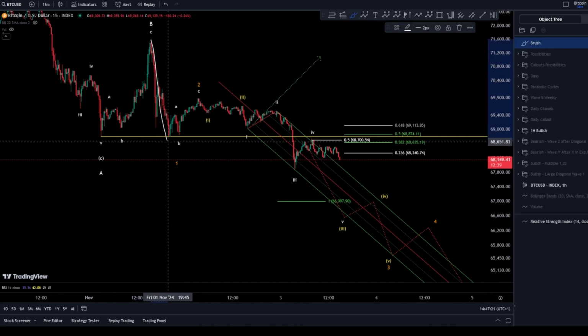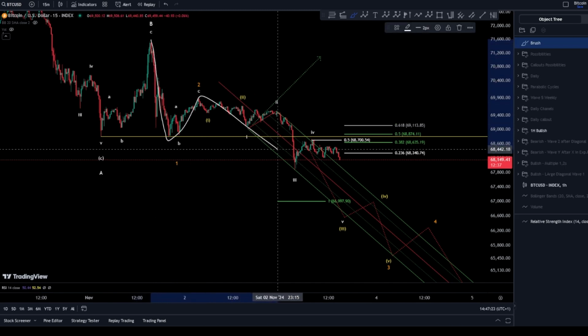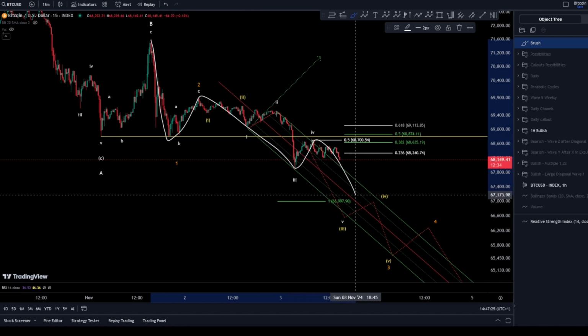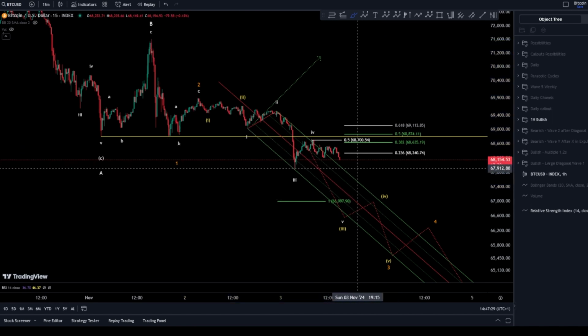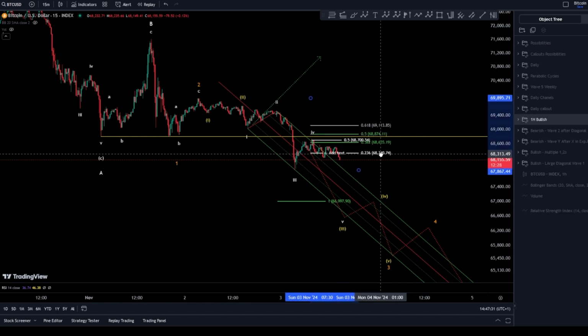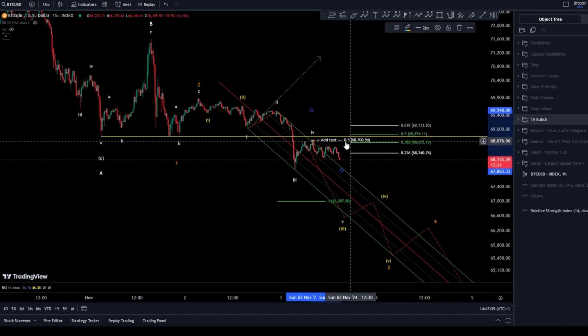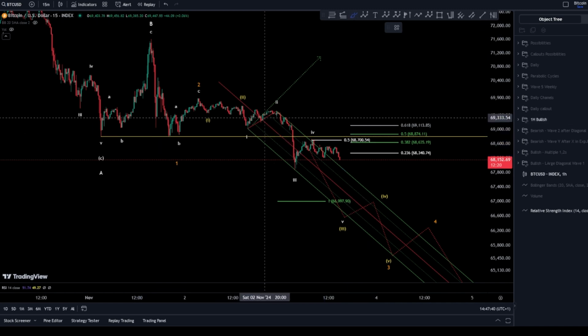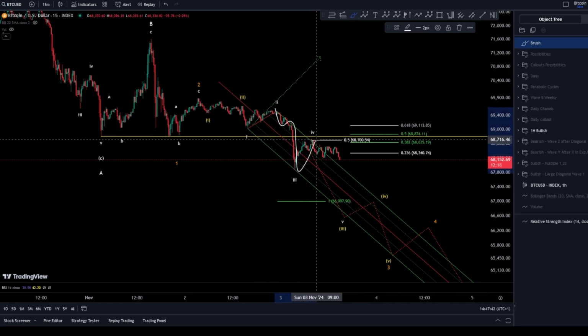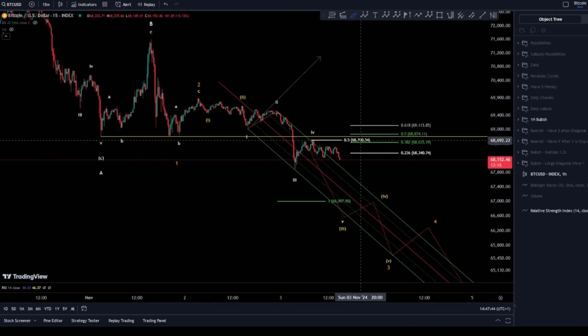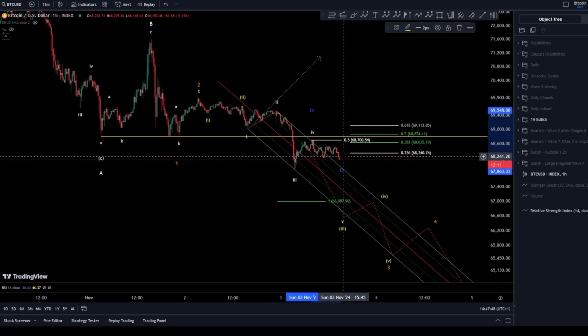By all means, we are talking here about 1, 2, 3, 4, and a 5. This could be your contracting diagonal, where you have almost hit the perfect fib level for a wave 4 and went deeper to a 0.5 regarding an impulse. If you are in an impulse here, 1, 2, 3, 4, you have hit the 0.5 fib level, which is a very, very deep fib for a wave 4.